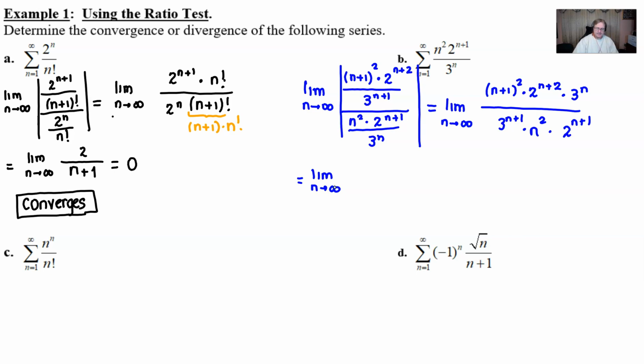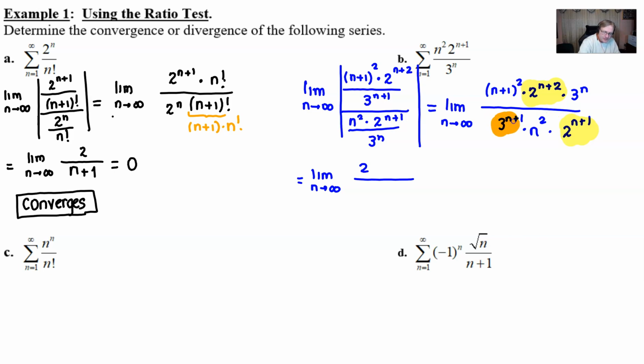So what we're going to do is notice that I'm going to highlight combinable or reducible terms. So these two in yellow, let's tackle those first. 2 to the n plus 2 divided by 2 to the n plus 1, subtract the exponents, and you've got yourself a 2 in the numerator. Let's look at, how about a different color so we don't get confused?